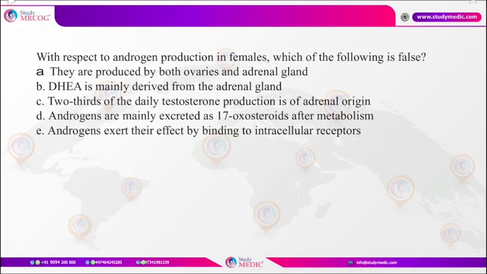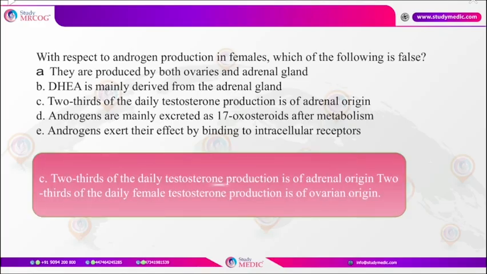Androgens exert their effect by binding to intracellular receptors. So the correct answer is: 2/3 of the daily testosterone production is of adrenal origin. In fact, 2/3 of the daily female testosterone production is of ovarian origin. Here the question is asking about females, so the answer is C.